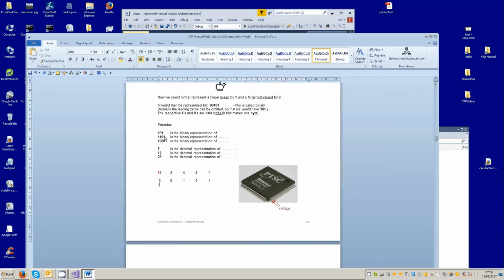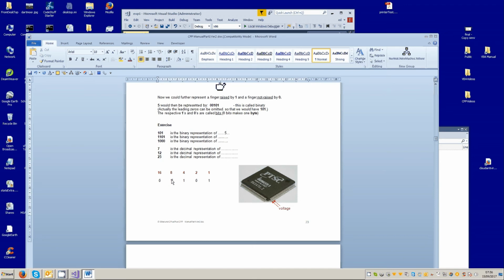Now, what about this number here? What does it represent? Once again, you stretch out your numbers, multiplying by 2 from right to left as far as you like, and then you put in the binary representation. That's a 1, a 1, a 0, and a 1. Now, what does that represent in decimal?